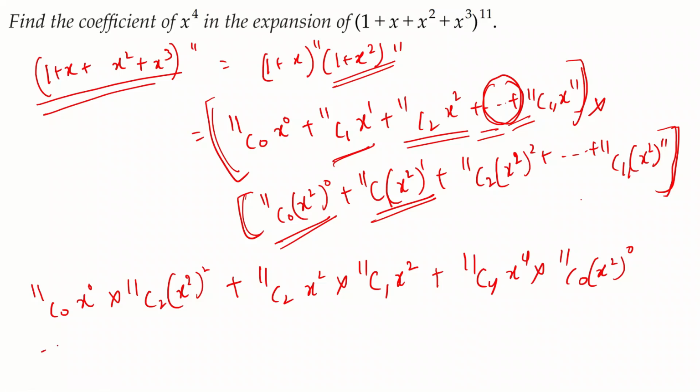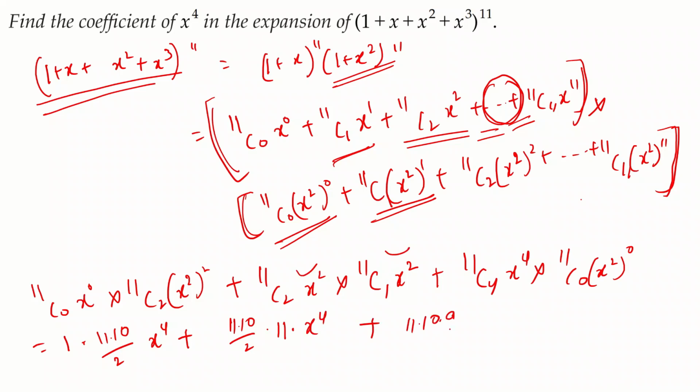So let's simplify these. So 11c0 is 1, and 11c2 is 11 into 10 divided by 2 factorial, x to the power of 4, plus 11c2 is again the same thing, 11 into 10 by 2 factorial, into 11c1 is 11, x to the power of 4, because x square into x square gives us x to the power of 4. 11c4 is 11 into 10 into 9 into 8 by 4 factorial, which is 24. 11c0 is 1 and into x to the power of 4.